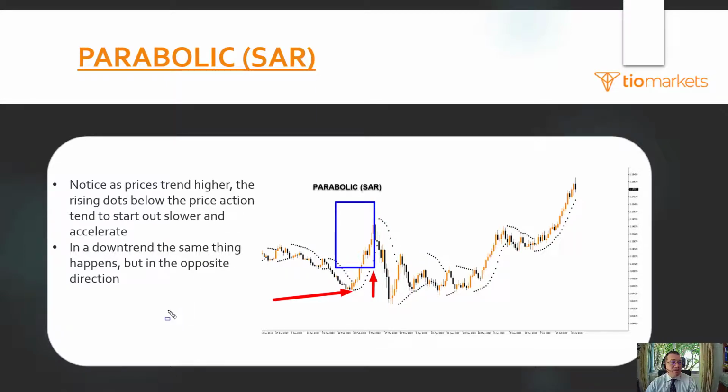In a downtrend, the same thing happens. Let's pull up a new arrow, and here we can see on a downtrend the dots that the system generates are above the price, and then you see that downtrend take place here. So it looks simple enough, and it is one of the simplest indicators to interpret.